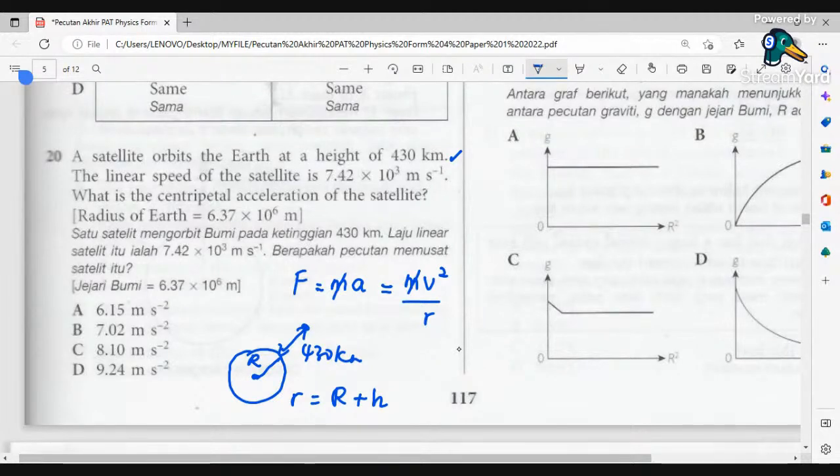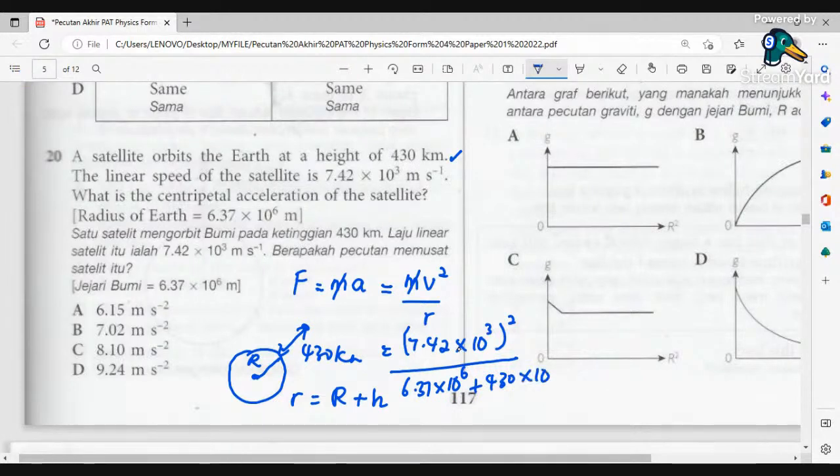Okay, so just use this formula. V squared, linear speed is 7.42 times 10 power 3 squared divided by 6.37 times 10 power 6 plus 430 times 10 power 3. Why times power 3? Sebab ini kilometer. Kilometer. Okay, radius of the Earth ialah meter.